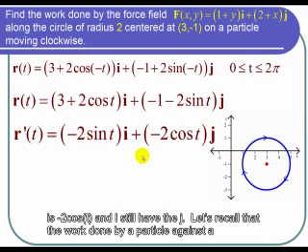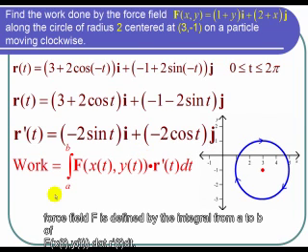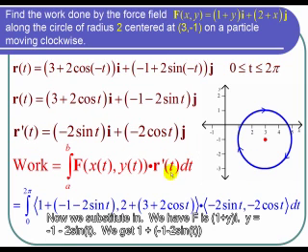Let's recall that the work done by a particle against a force field F is defined by the integral from a to b of F of x of t, y of t, dotted with r prime of t, dt. Now we substitute in.